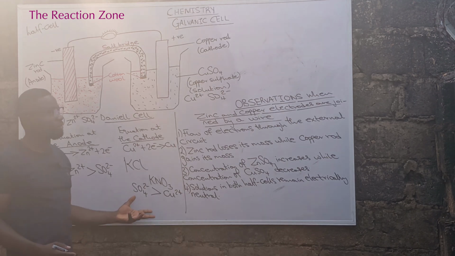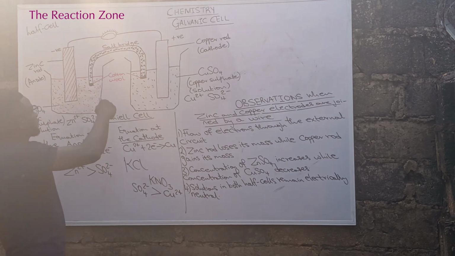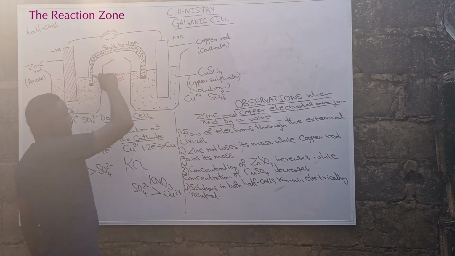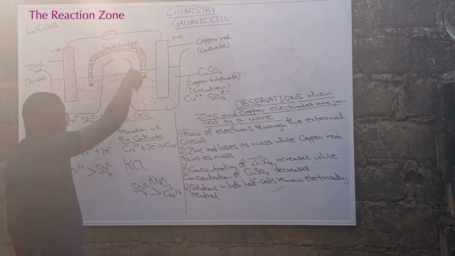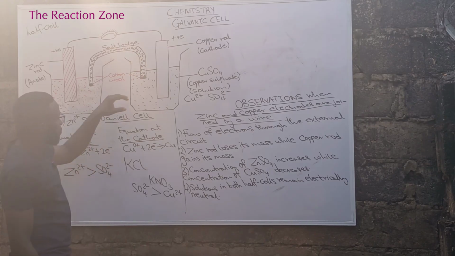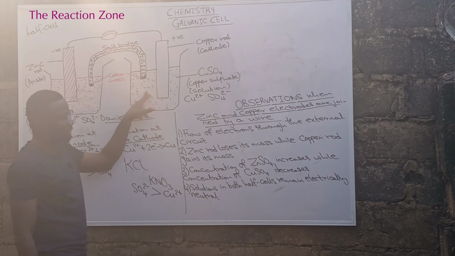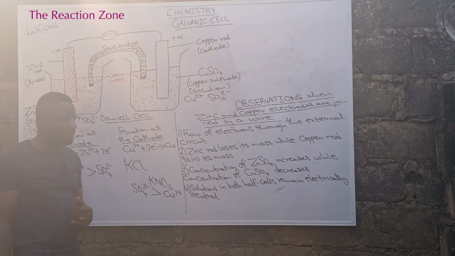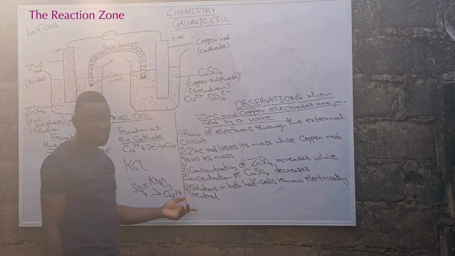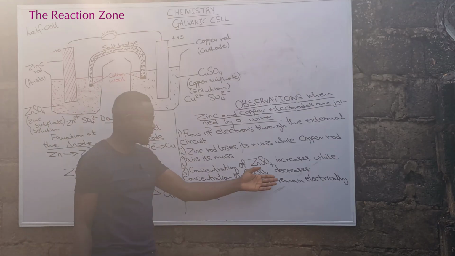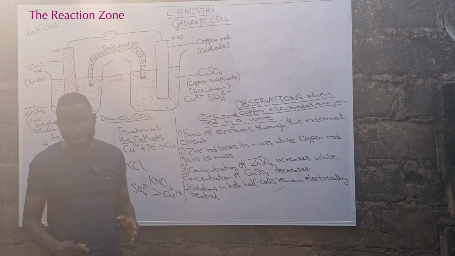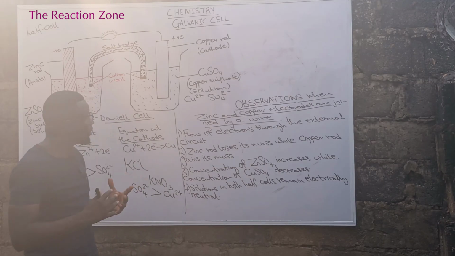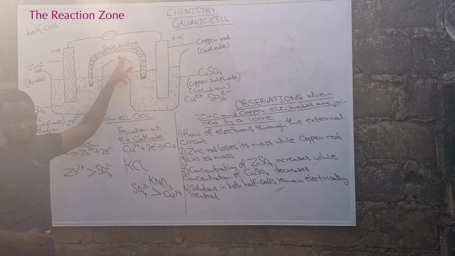But that does not happen because the Saltbridge will release cations to balance the charges and ensure that the solution remains electrically neutral. So, the fourth observation here is that the solutions in both half cells remain electrically neutral. And what makes that possible is the Saltbridge.